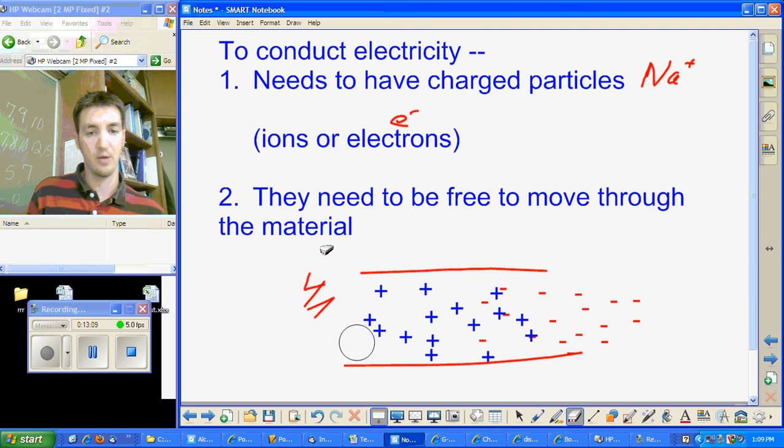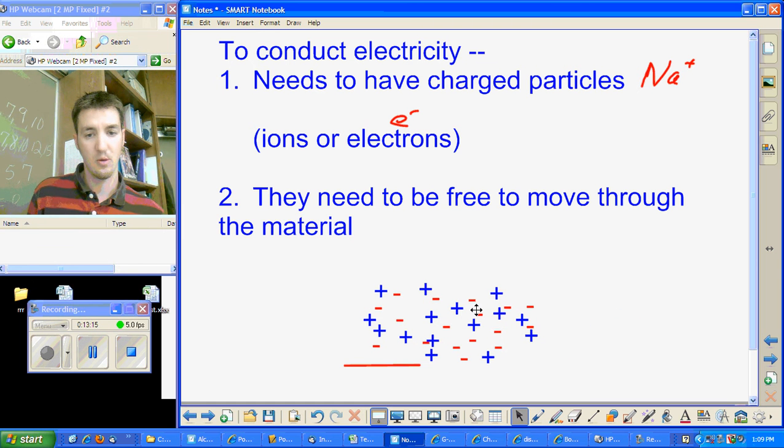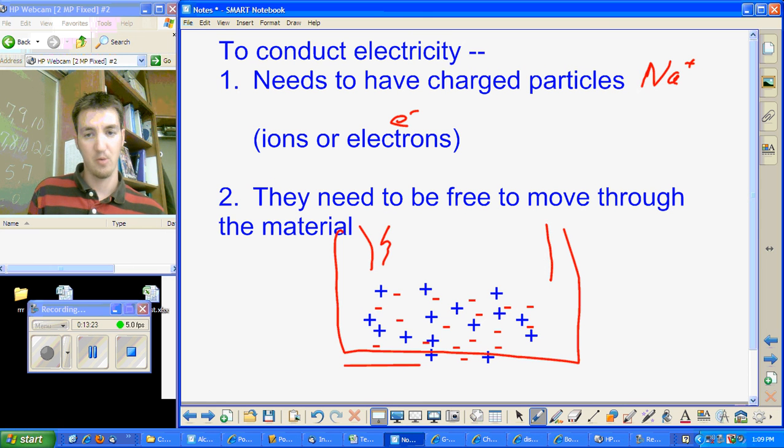Or if we look at it as things dissolved in water, I have a beaker. I put my probe in with my electricity. I have another probe coming out. In between them, I have a light bulb. If I want that to light up, I need electricity to flow through here.